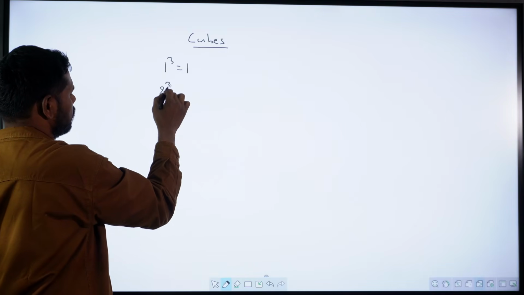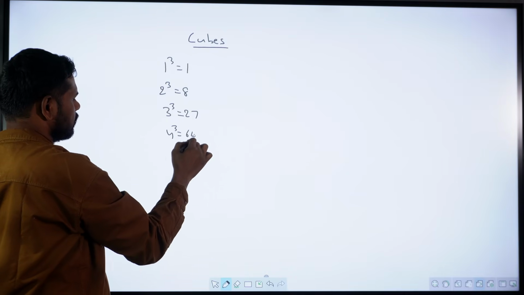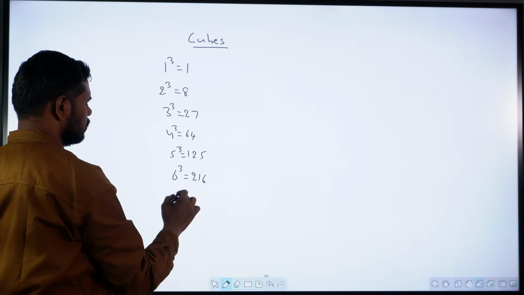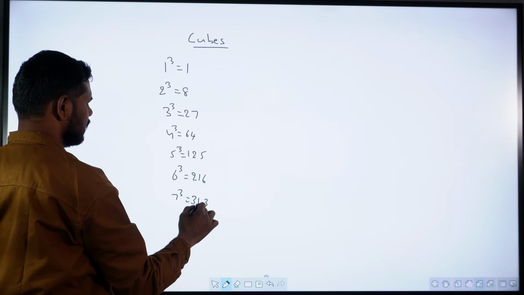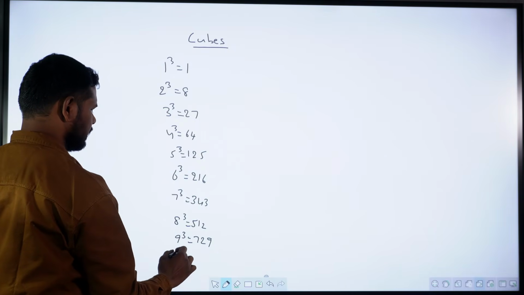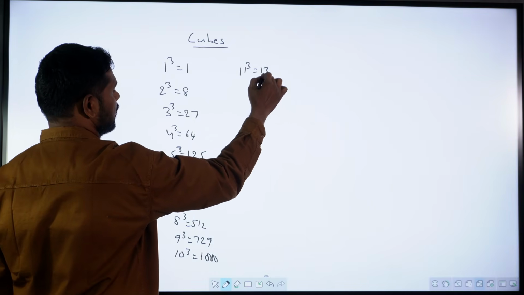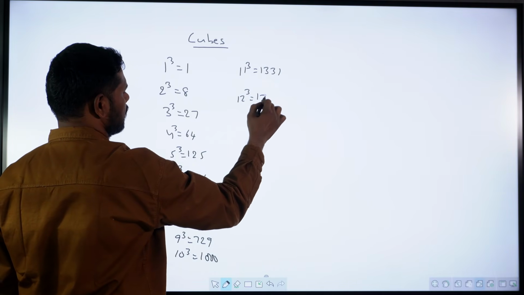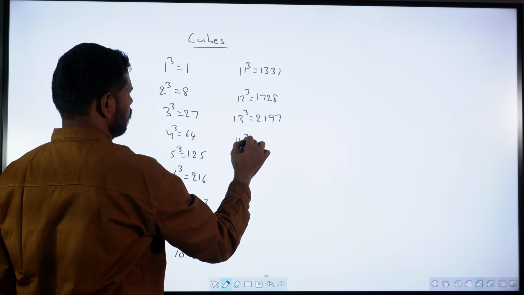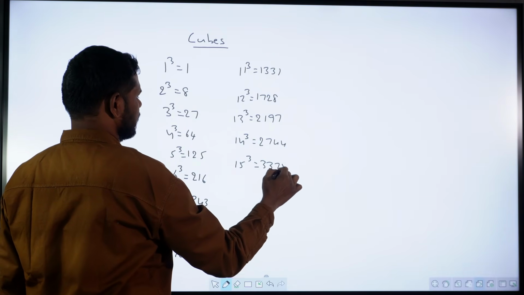1 cube 1, 2 cube 8, 3 cube 27, 4 cube 64, 5 cube 125, 6 cube 216, 7 cube 343, 8 cube 512, 9 cube 729, 10 cube 1000, 11 cube 1331, 12 cube 1728, 13 cube 2197, 14 cube 2744, 15 cube 3375.